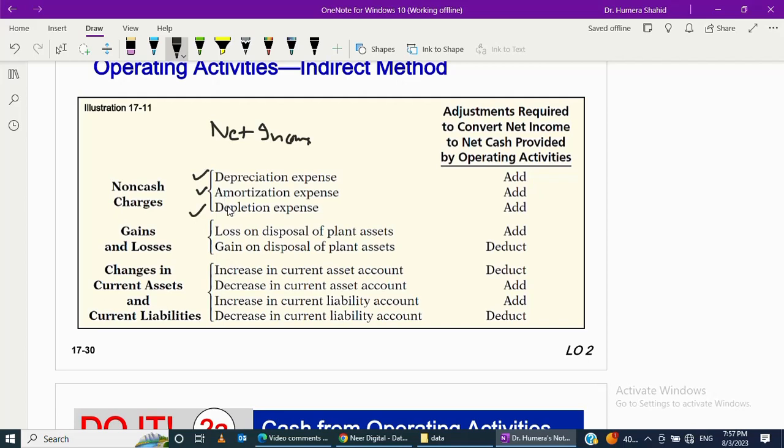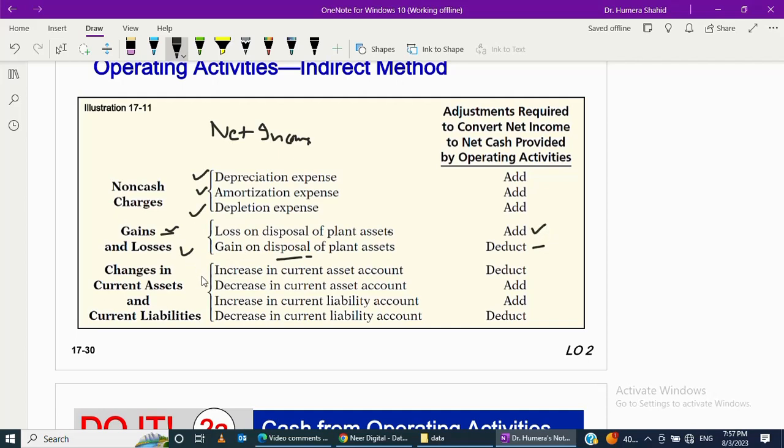If all of them, add them. Then go to the gains or losses in the income statement, check, do you have gain or do you have loss? If you have gain on disposal of asset, you are going to minus it from your net income. If you have loss on disposal of asset, you're going to add it.